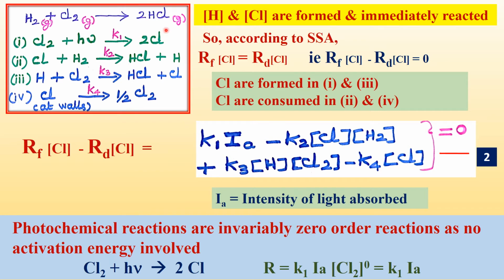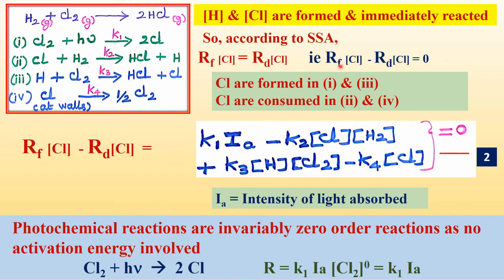As I said, hydrogen atoms and chlorine atoms are highly reactive. They are formed and immediately consumed. So the rate of formation of chlorine atom equals the rate of decomposition of chlorine atom. Similarly, the rate of formation of hydrogen atom equals the rate of decomposition of hydrogen atom.